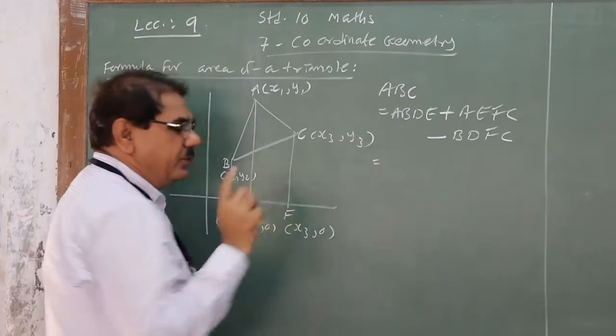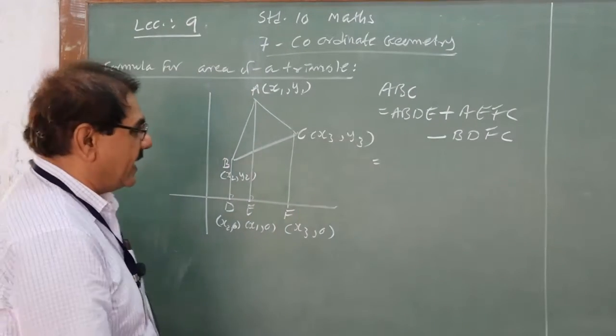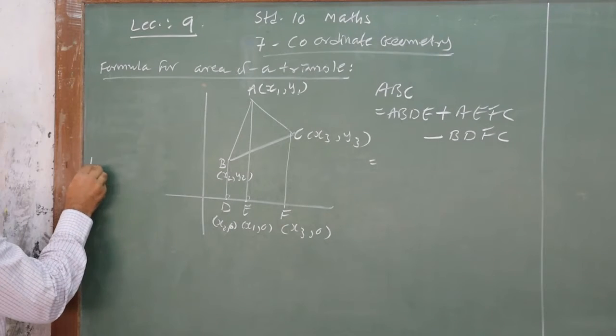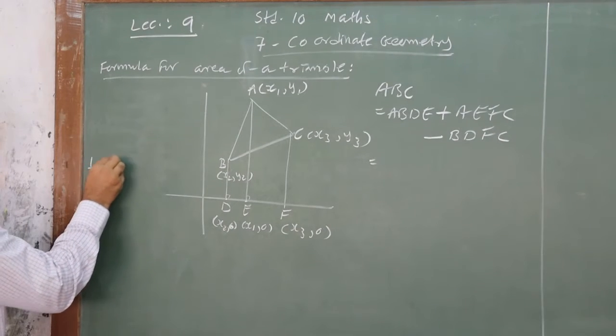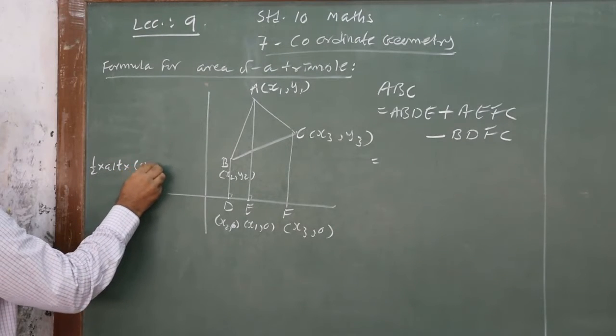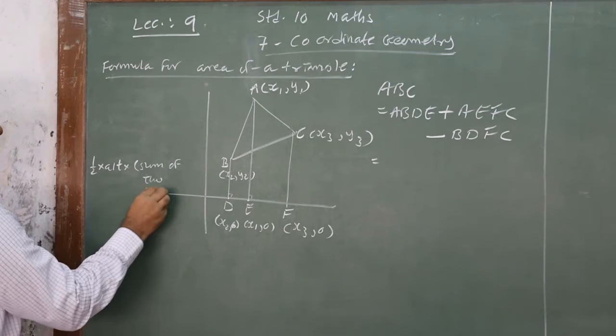Okay. Now do you know the formula for the area of a trapezium? You have to go to standard 9 for that, and the formula was 1/2 into altitude into the sum of the two parallel sides.